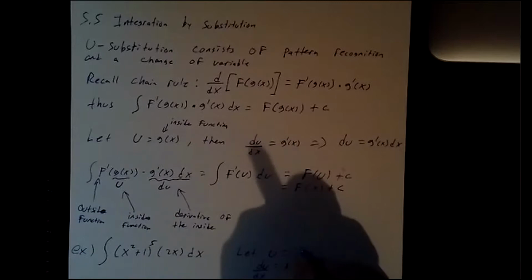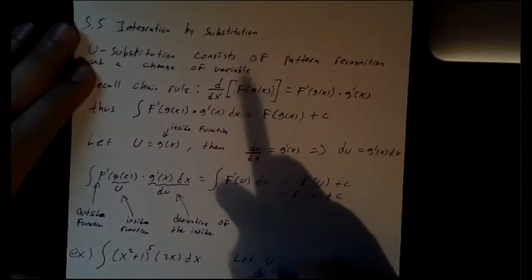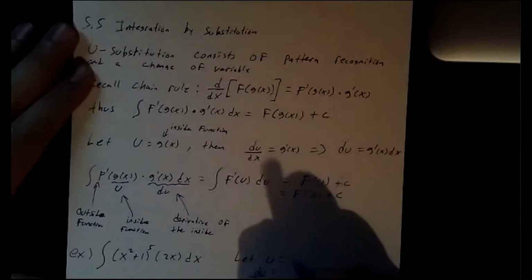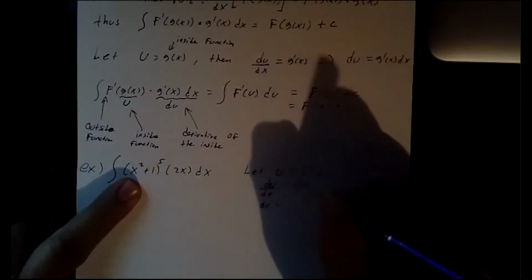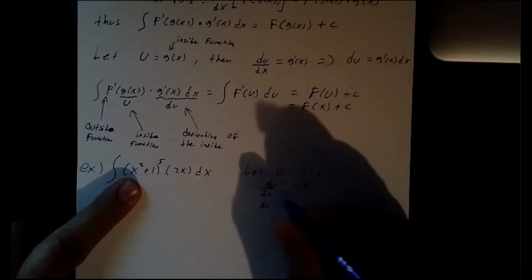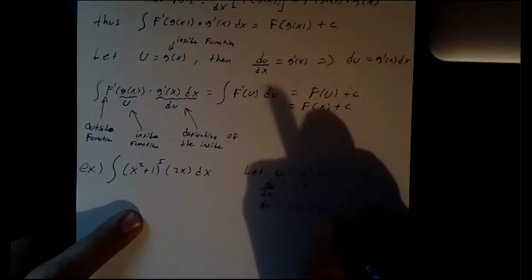That should be x squared. Oops. Let's try that again. So u will be x squared plus 1. That's inside. du dx will be 2x. du will be 2x dx. There we go.